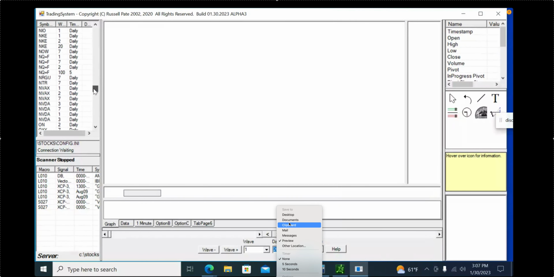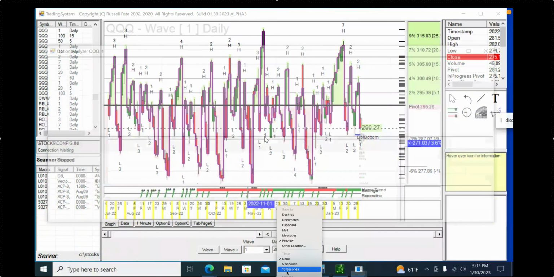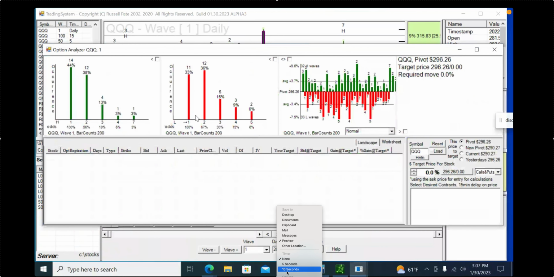I always do wave 1, because that thing takes whatever you throw at it in here, it takes that information and graphs it. If you have bigger fractal intervals sampling, it's going to reflect in here. So we want the tightest stuff we can get, which would be a daily 1 for the levels.